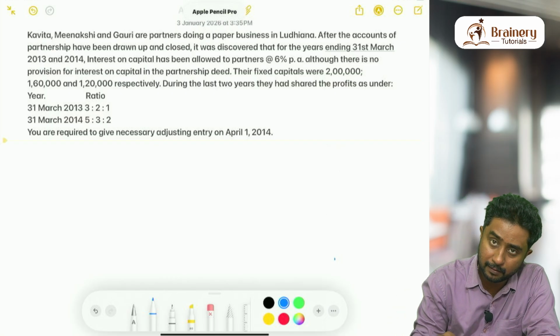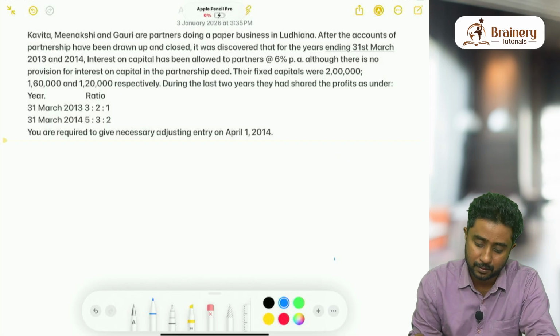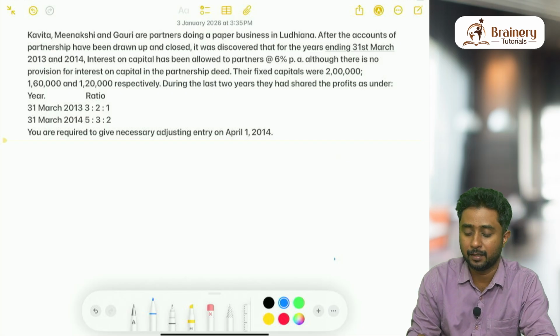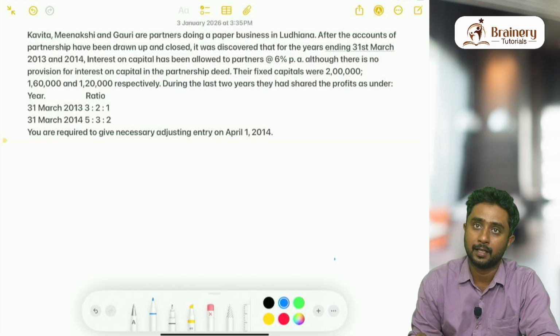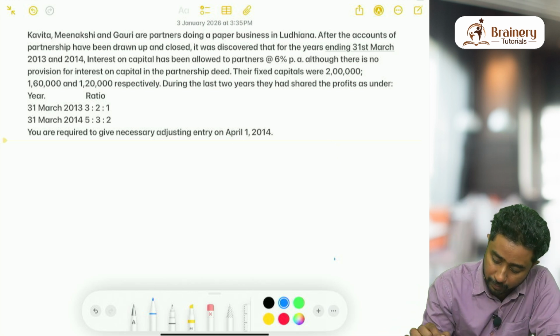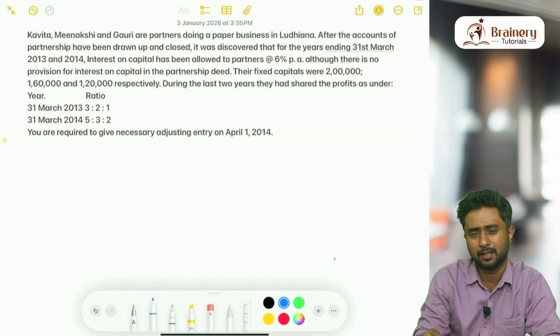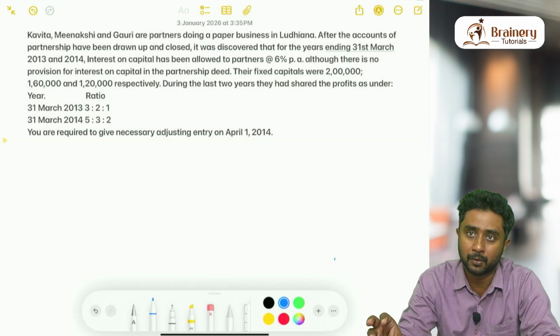Because you must have done it in a different manner, we are doing it in a different manner here. First we are assuming a net profit for both the years. We are assuming some amount of net profit.